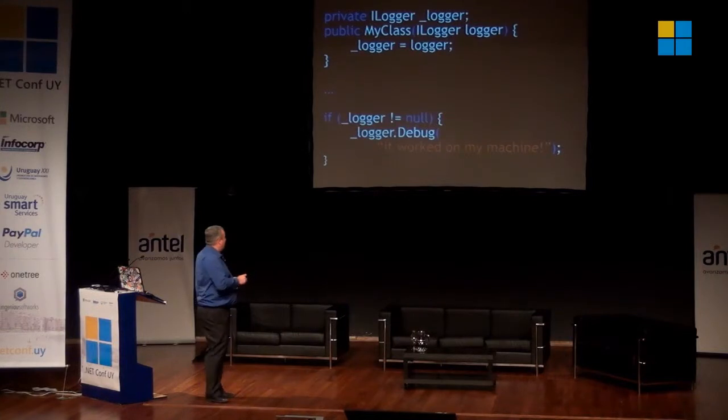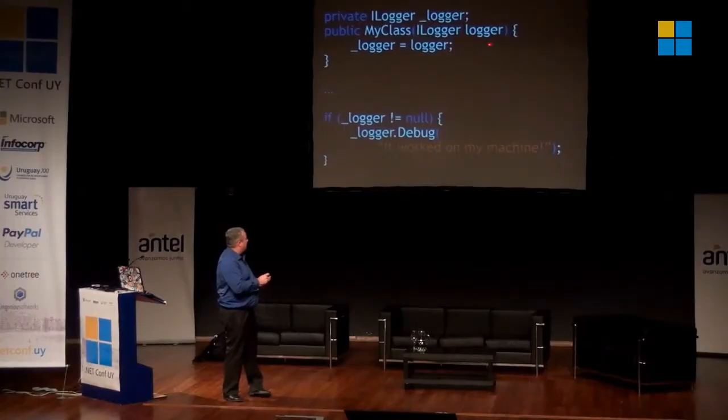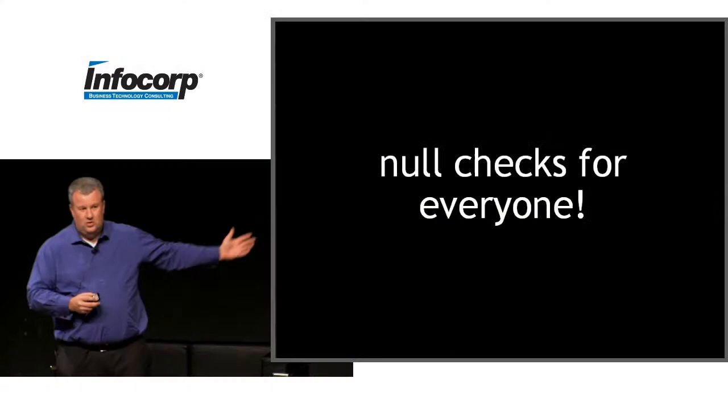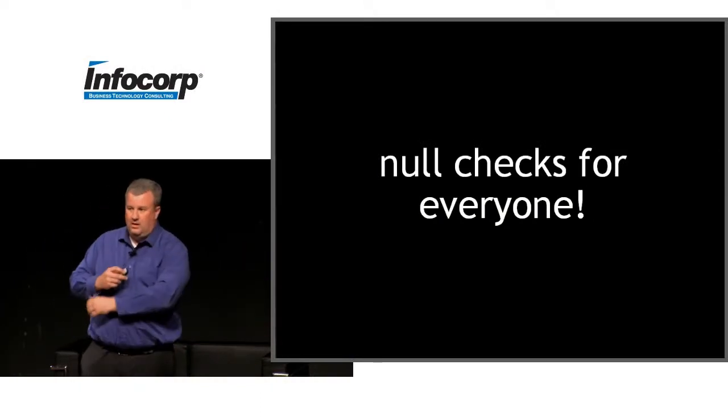This is pretty standard pattern up here for dependency injection. And if we do that and we don't do this down here, it's entirely possible to pass null in. And now we've got null for _logger. And if we don't do this check, null.Debug does what? It breaks, right? So what we have to do is put that check everywhere.